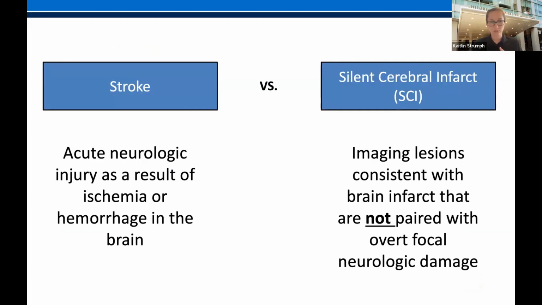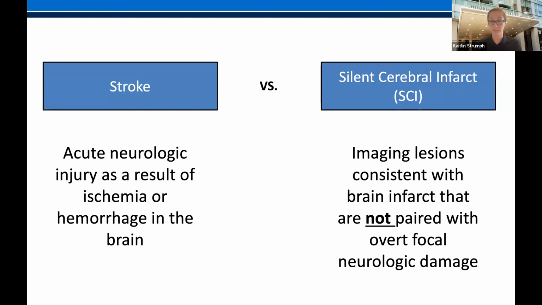Included in that ischemic cerebral injury, it's important to understand the difference between both strokes and silent cerebral infarcts, which are two things that we see in sickle cell. So I'll clarify the difference before I go on. Strokes are an acute neurologic injury as a result of ischemia or hemorrhage in the brain, and these patients will have a focal deficit on exam.